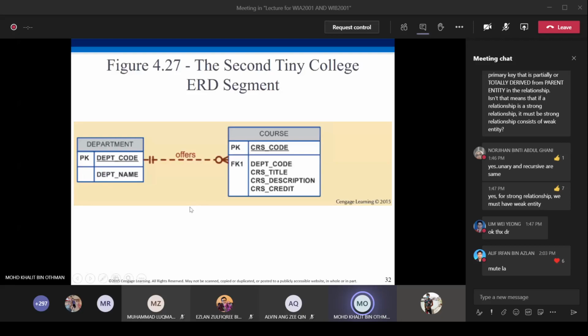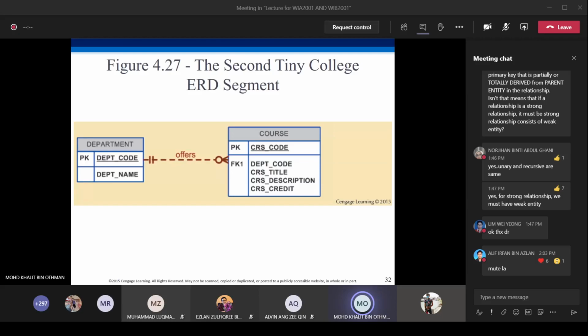And then figure 4.27 is the second ERD segment of Tini College. Okay. Based on the figure, you can see that we have 2 entities, which are department and course, and we also have one relationship between department and course.